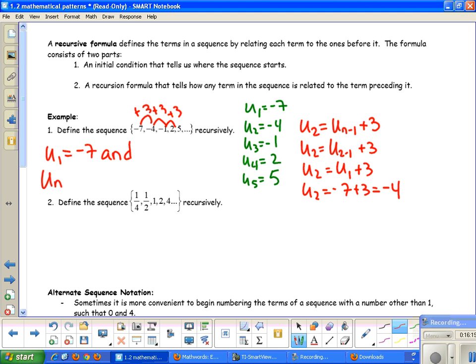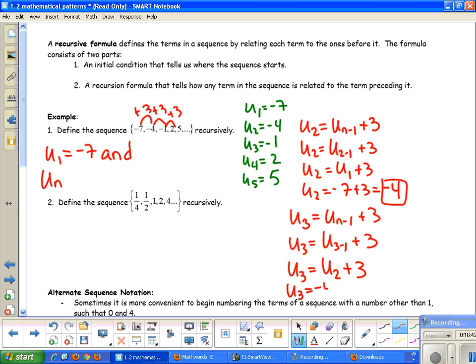And I could keep on doing this. So then u sub 3 would be equal to u sub 3 minus 1 plus 3, which is u sub 2 plus 3. My second term we said was equal to -4, so -4 plus 3 is where I get my value of -1. And we could keep on going.